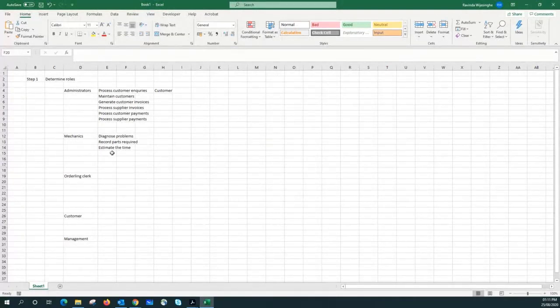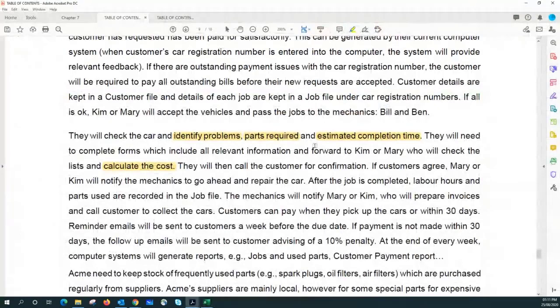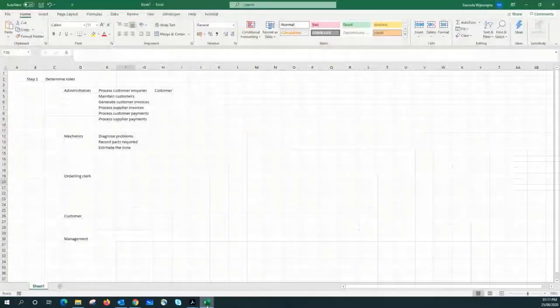So you can see that these three kinds of information should be accessed by Kim or Mary as well, as an administrator.